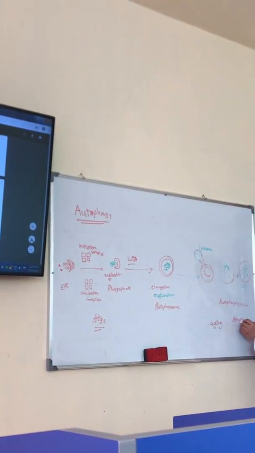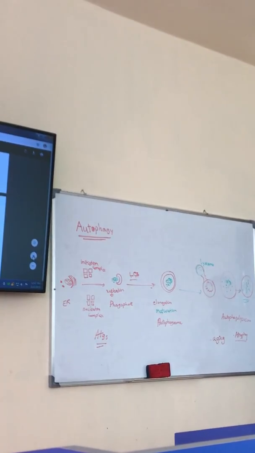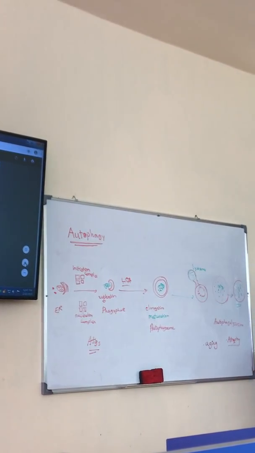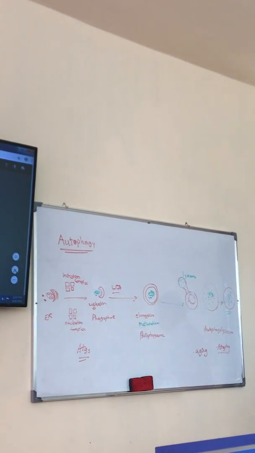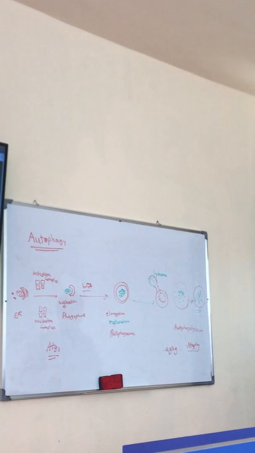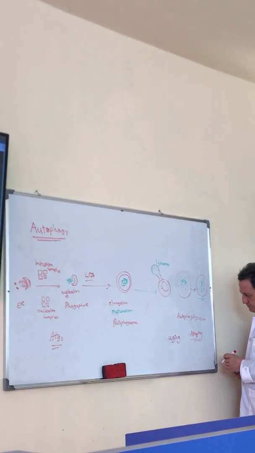Atrophy can also be seen due to autophagia. If due to decreased workload or whatever the tissue is atrophied, one type of reaction in atrophy is autophagia.